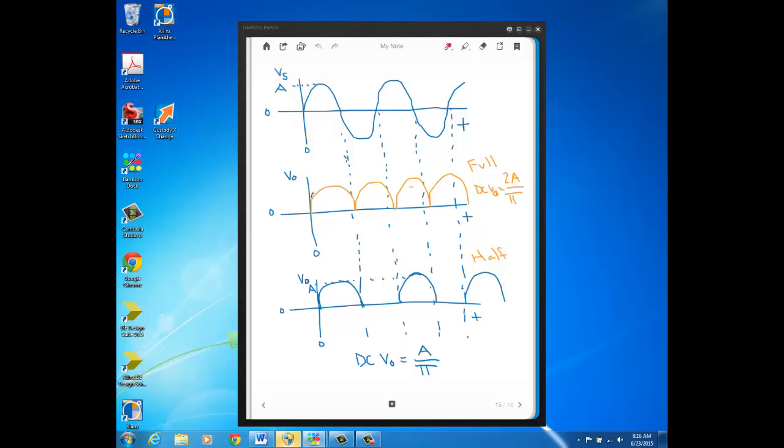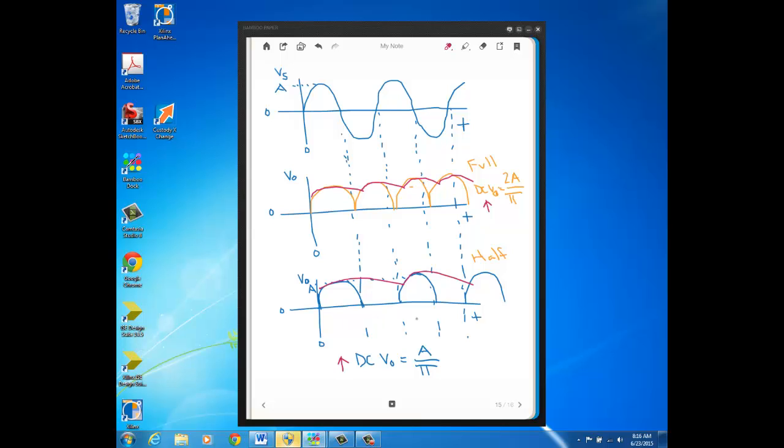Okay, it's going to smooth out this voltage through the charging and discharging of the capacitor. And now you increase the area under those curves and you increase your DC output amount, just like in the full wave case. Okay, your DC V out is always increased by putting that capacitor across the output.